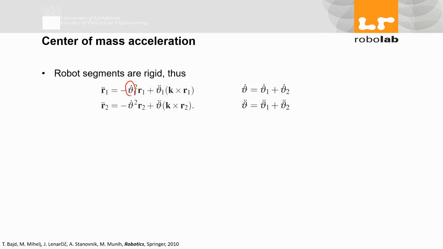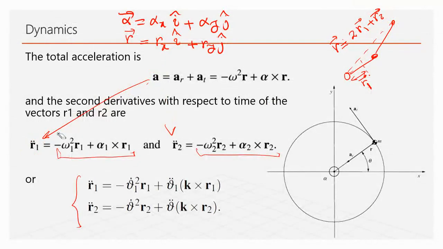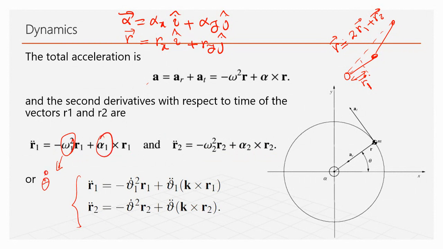This is speed. If you look at this here, this is rotational speed, which is the first derivative of theta, and this is rotational acceleration, which is the second derivative of theta. Same goes here.